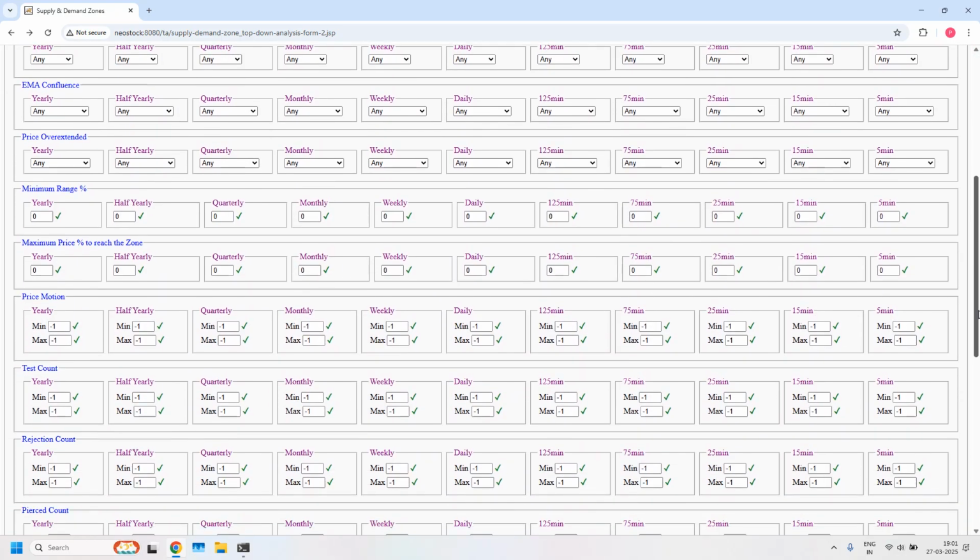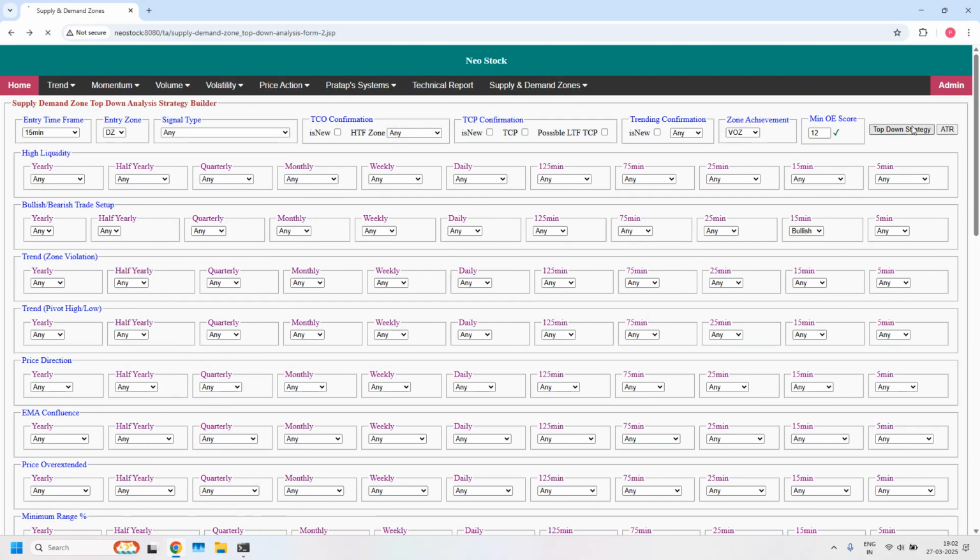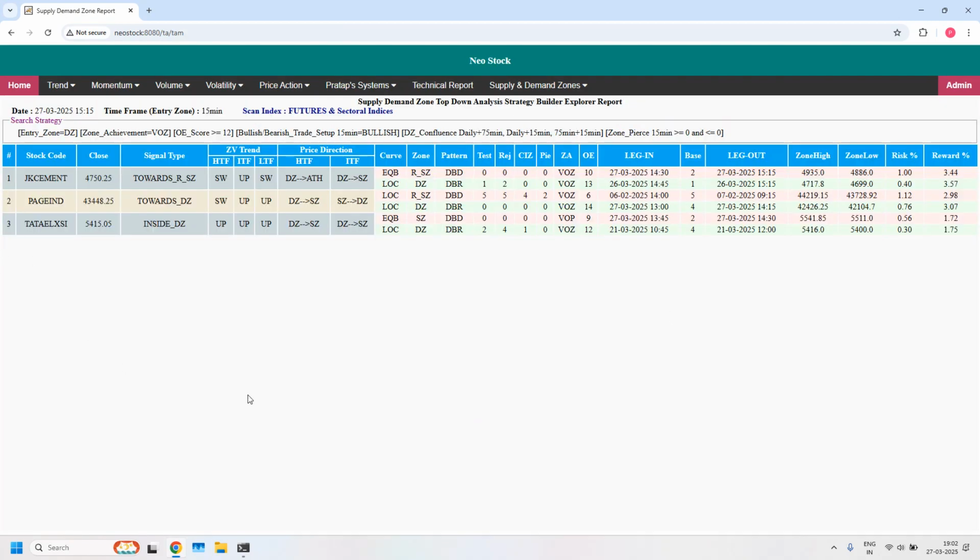In the demand zone confluence, we should set 3 filters. First filter is already enabled, 15 minutes with 75 minutes. Next, 15 minutes demand zone with daily demand zone confluence. 75 minutes demand zone with daily demand zone confluence. With all the 3 filters, we got 3 stocks.